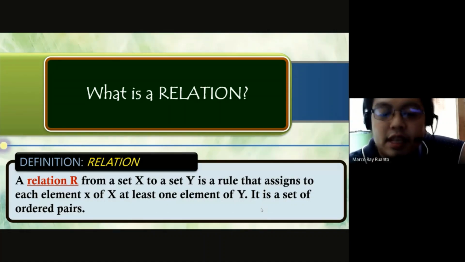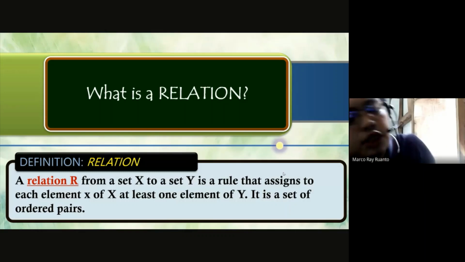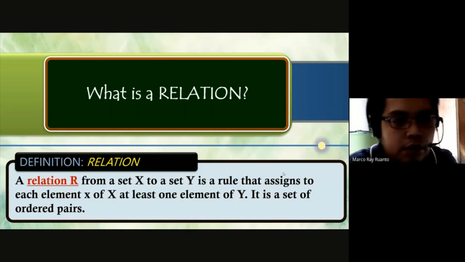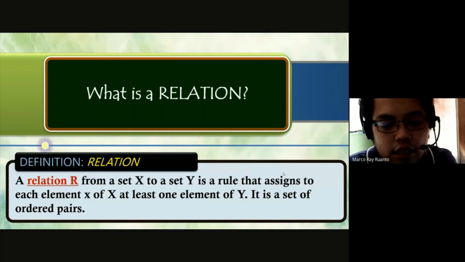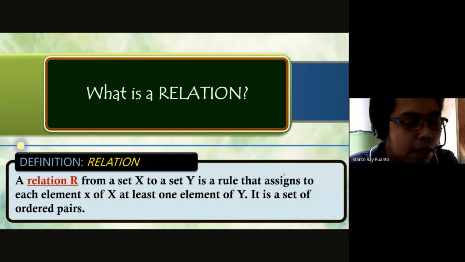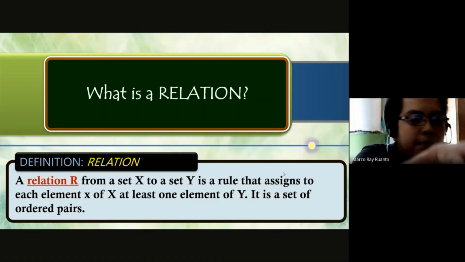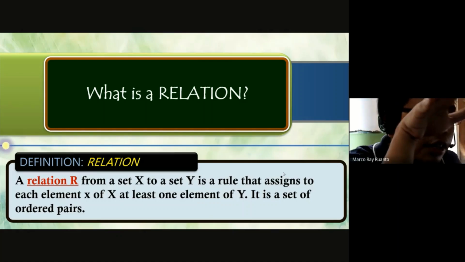Anyway, where are we? Okay. A relation, class, is related to the previous section. In the previous section, the Cartesian product is a set of ordered pairs that maps A to B. A relation is just a subset of that mapping.